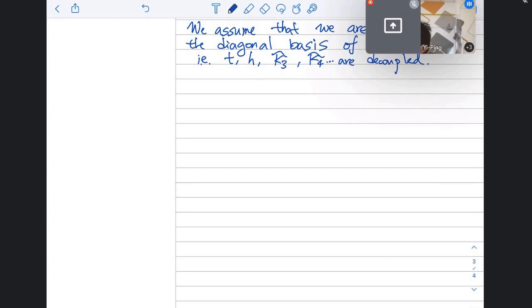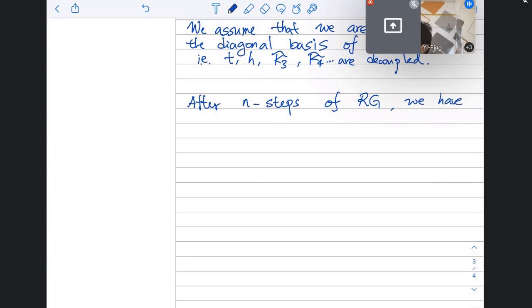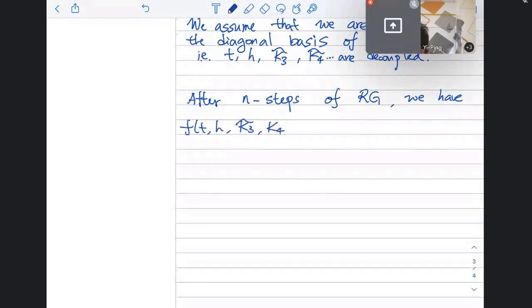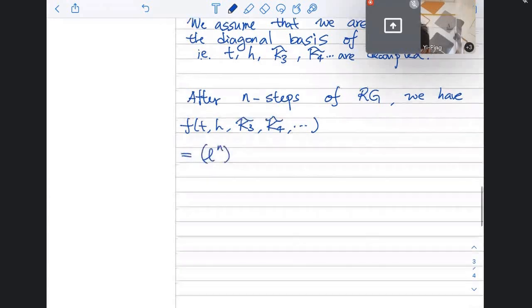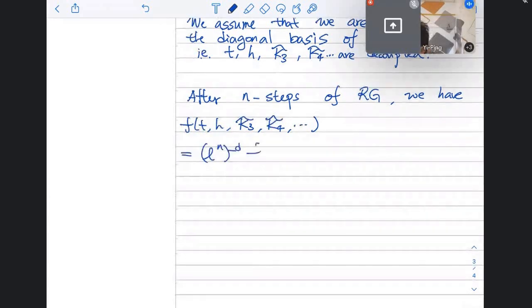So after n steps of the RG process, we have this expression: L to the n to the minus d, because we perform it n times.